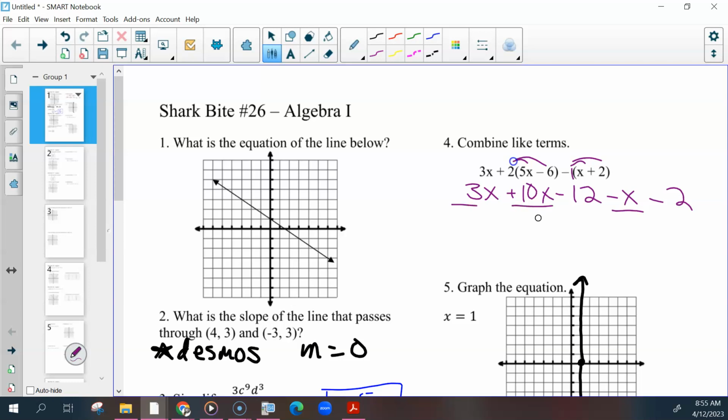So we have 13x minus x would be 12x minus 14. That should have been your final answer for that. So once we do this, it just says compound, we don't have to simplify. It is simplified. We're not looking to solve for x. We didn't need to solve because there's no equals.